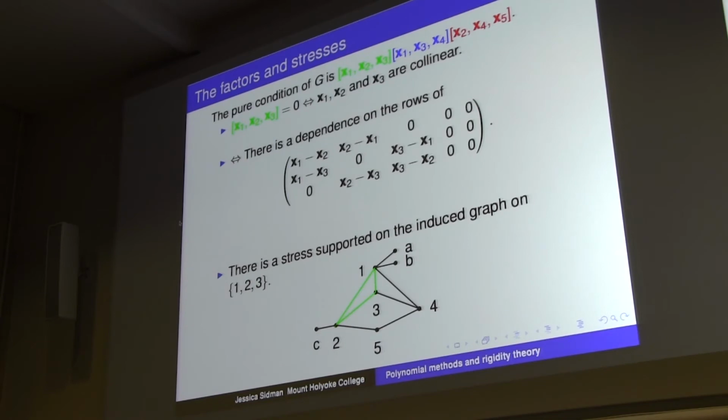So you can say there's a stress induced on the graph on the vertices 1, 2, 3 that appear in the bracket. Based on the symmetries of this graph, if I took my blue bracket, I would have exactly the same slide, just with the picture on the other side. But let's talk about the red bracket for a minute.